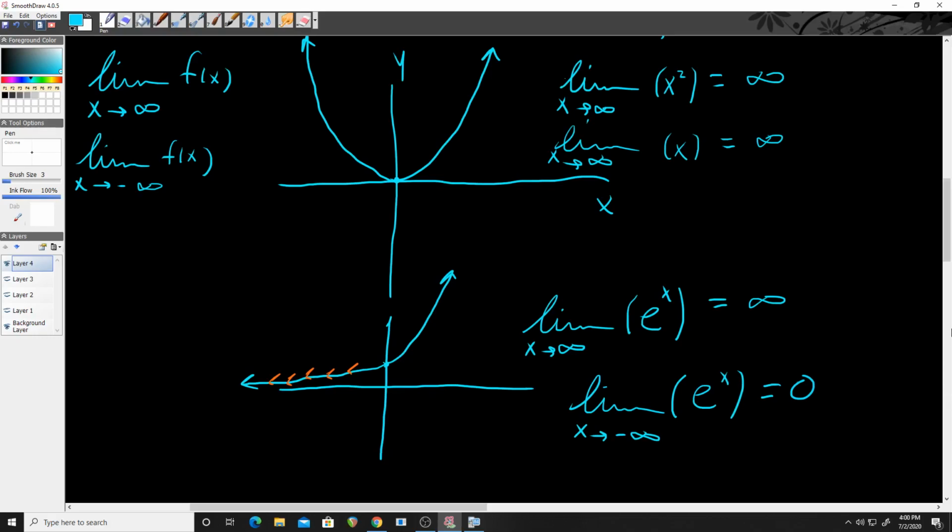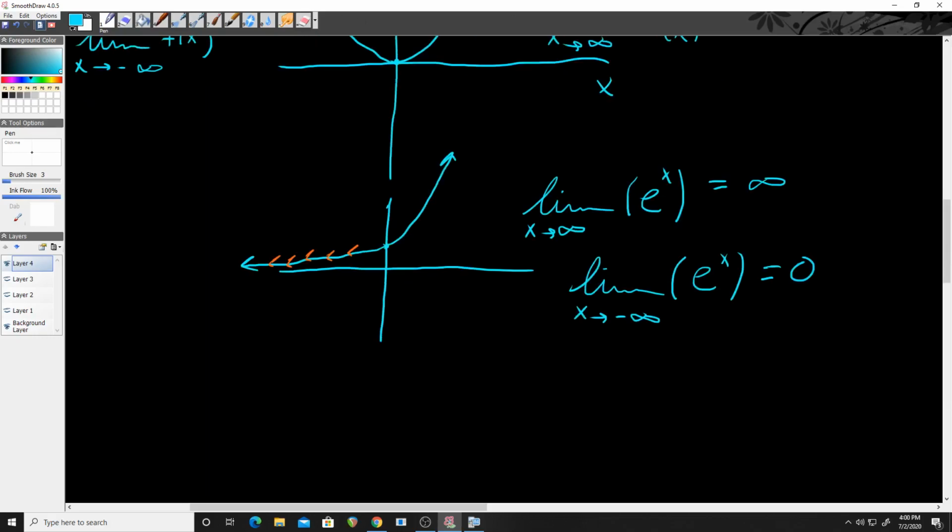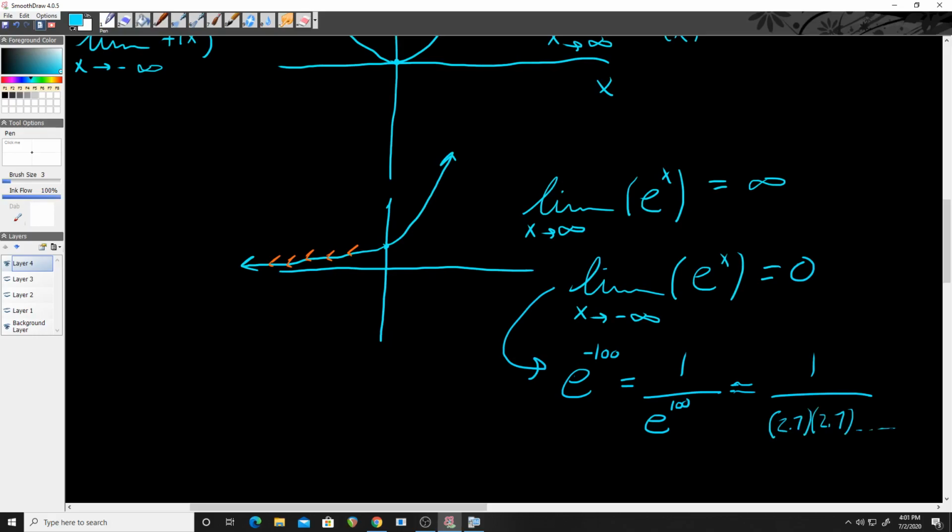Of course, this just has to do with laws of exponents, right? For example, e to the negative 100 is like 1 over e to the positive 100. And remember, e is like 2.7, so this is approximately 1 over 2.7 times 2.7, 100 times.